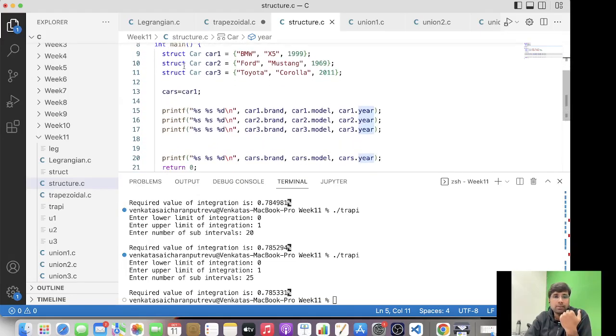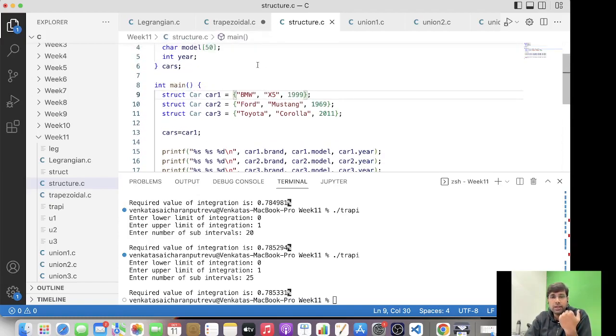Then in the main program you can create a structure like this. You can see two string variables and an integer variable clubbed together. Whenever we use this structure, struct car1, you can assign values to it. This is definition and initialization together, just like we do in arrays.